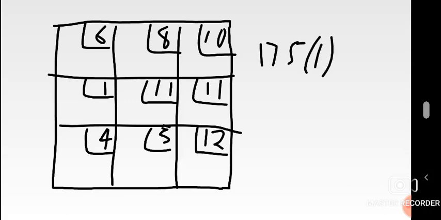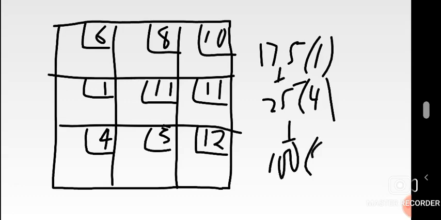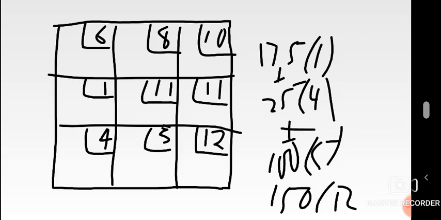The next one, you would also do the same thing, 25 in the cell which had a cost of 4. You're multiplying, by the way, and then you add up all these things. There's that cell which had 100 with a cost of 5, and 150 with a cost of 12. Once you add them up, you get the total cost using this method called the Vogel's approximation method.